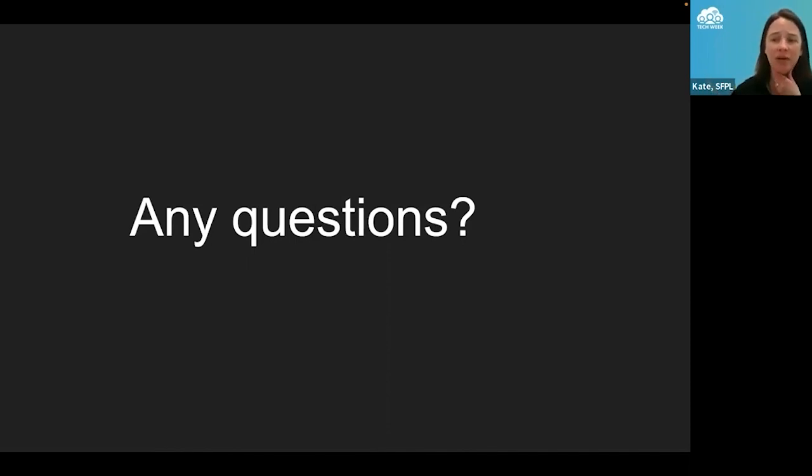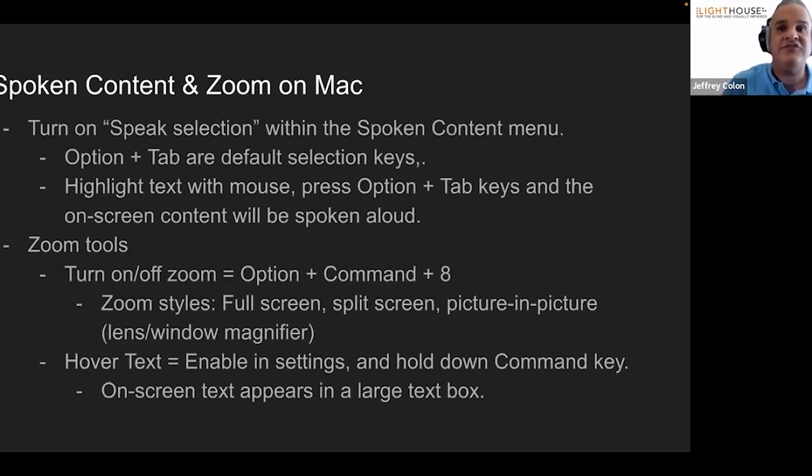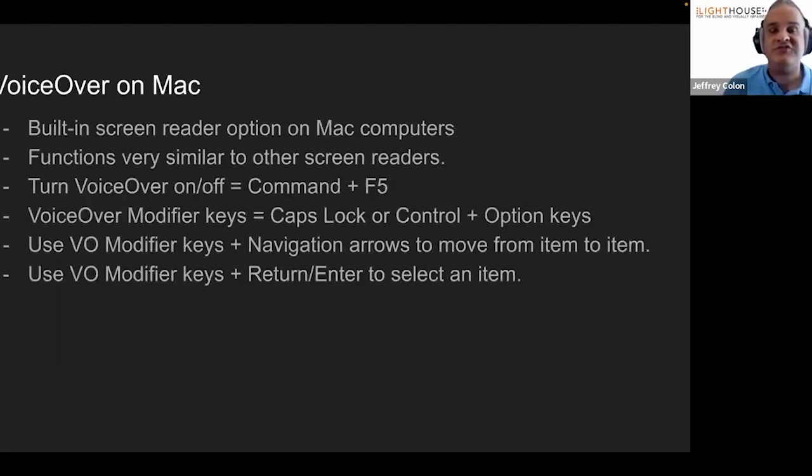Can you go over what a modifier key is on a Mac? Yes, modifier keys. When we talk about modifier keys, we talk about the keys that you need to press in combination with other keys in order to perform a command. Modifier keys on the Mac are usually the ones to the left of the spacebar: the Command key, the Option key, which is the second one, and the Control key. Those 3 keys are modifier keys.